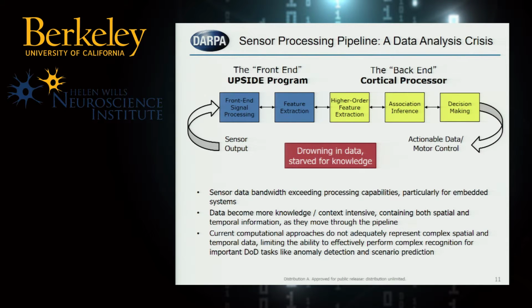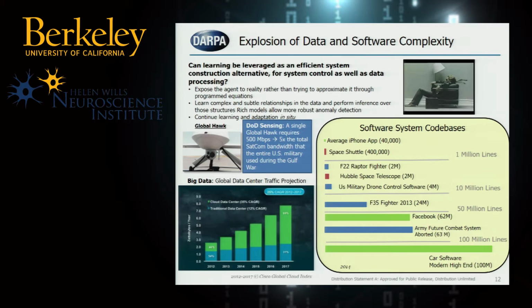In addition to sensor data processing, if you go to the next slide, slide 12, in my mind, there's a lot of problems in DoD systems that could also leverage the ability to train systems on their workloads rather than actually writing error-prone and difficult to debug and difficult to append and change microcode.